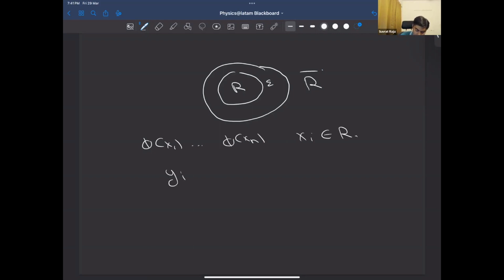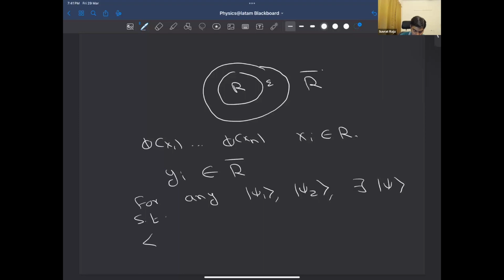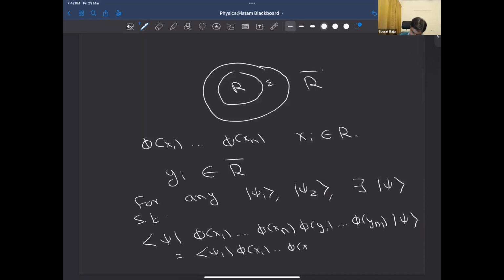And let's think of some operators yi that belong to R-bar. For any states psi1, psi2, there exists a psi, this is the split property, such that if you compute the correlation in the state psi of phi x1 to phi xn and phi y1 to phi ym, notice this has insertions in both places, this is equal to the correlation in psi1 of phi x1 to phi xn, times the correlation in psi2 of phi y1 to phi ym. What does this mean physically? Notice what it's saying.